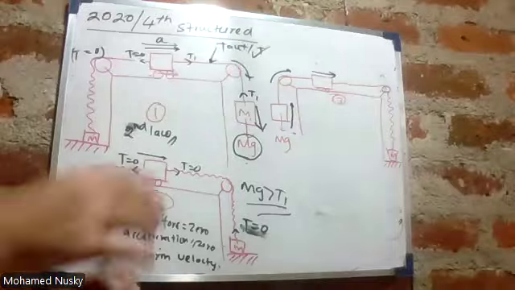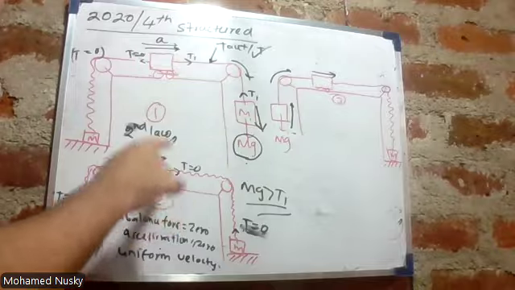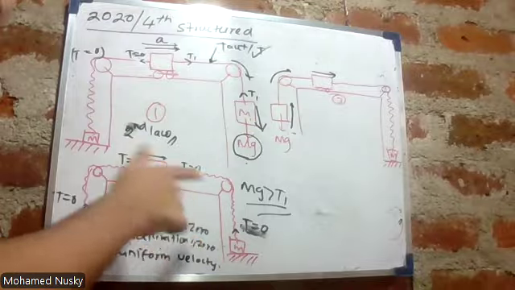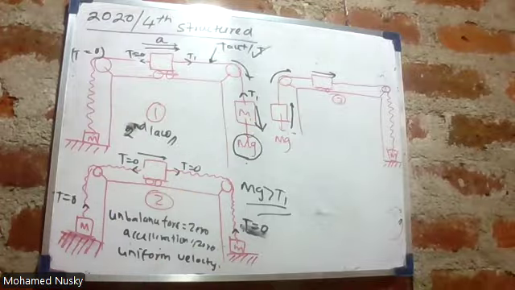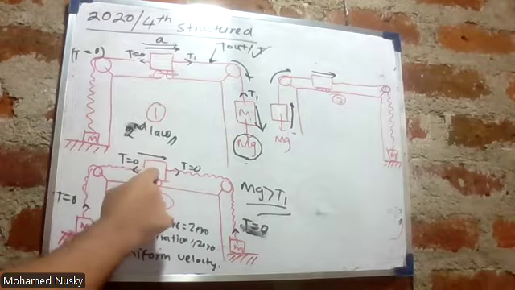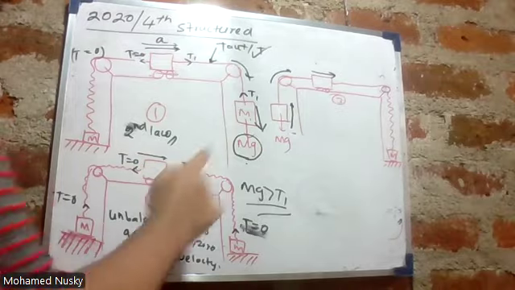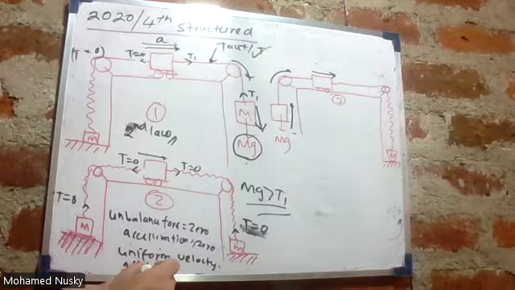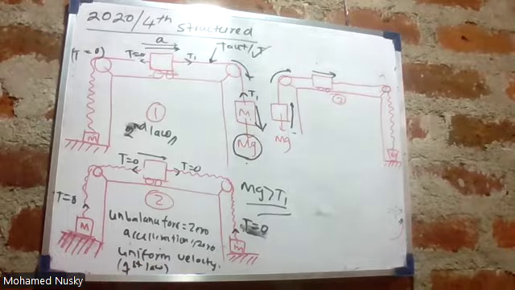If there is no unbalanced force acting on the object, an object at rest will be at rest, and an object in motion will travel with uniform velocity. Here the object is in motion, and this motion will be a uniform velocity. So what is this law? This is Newton's first law.